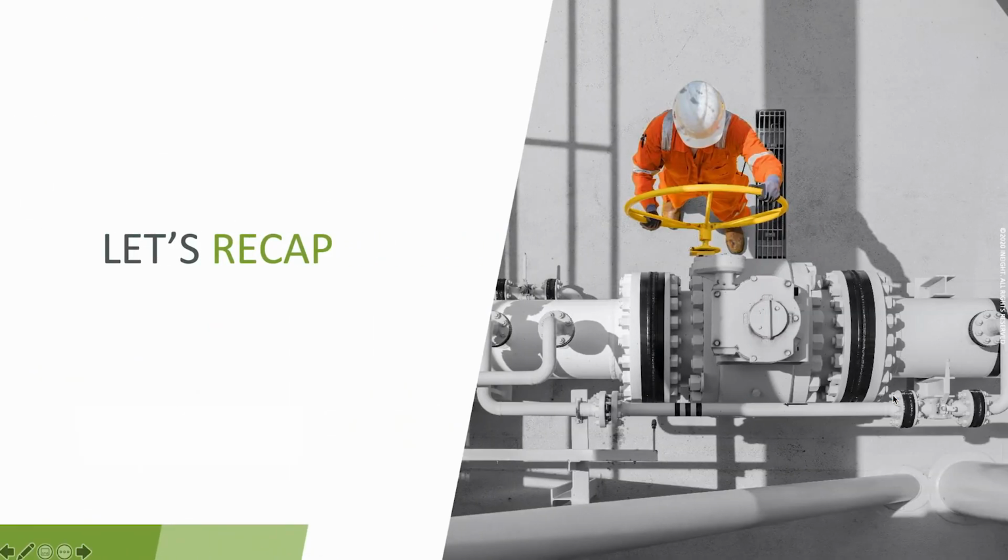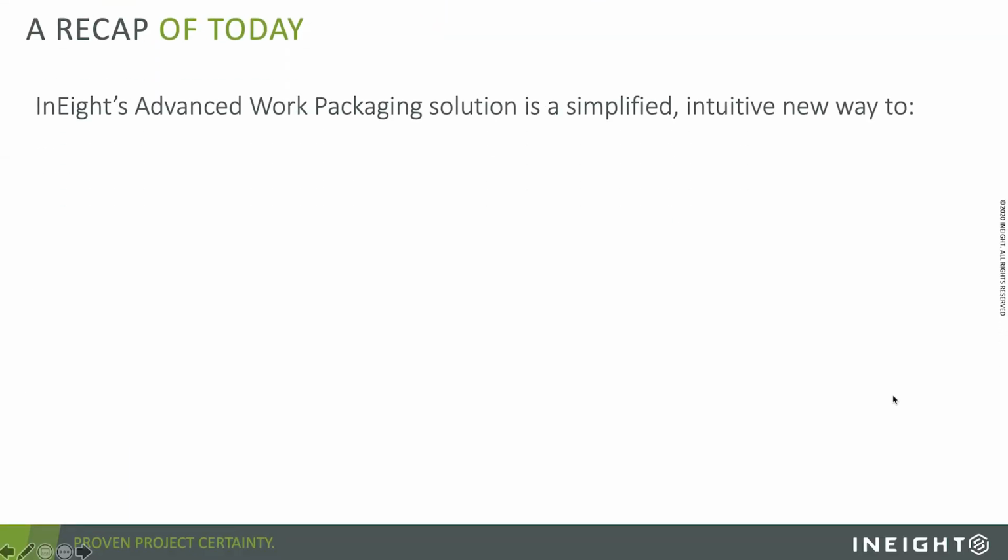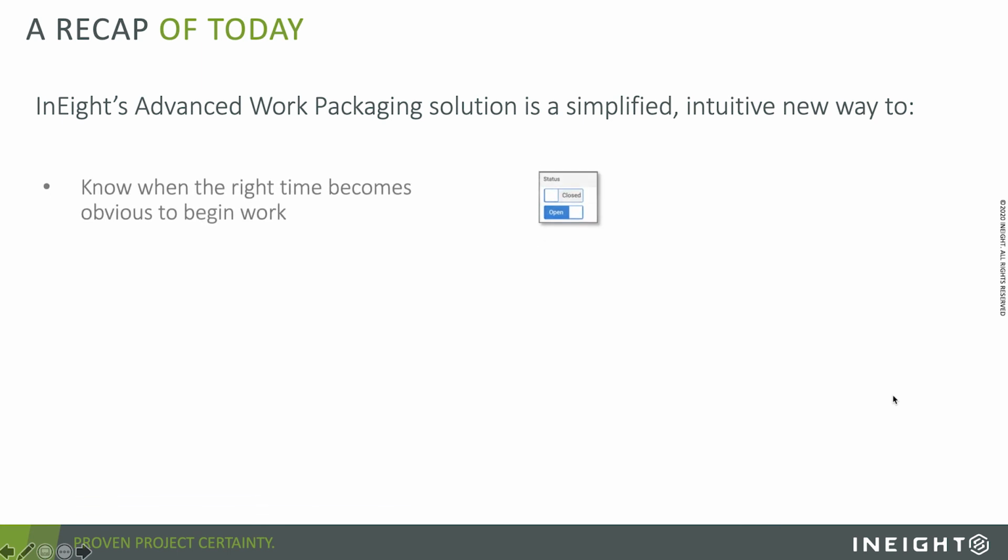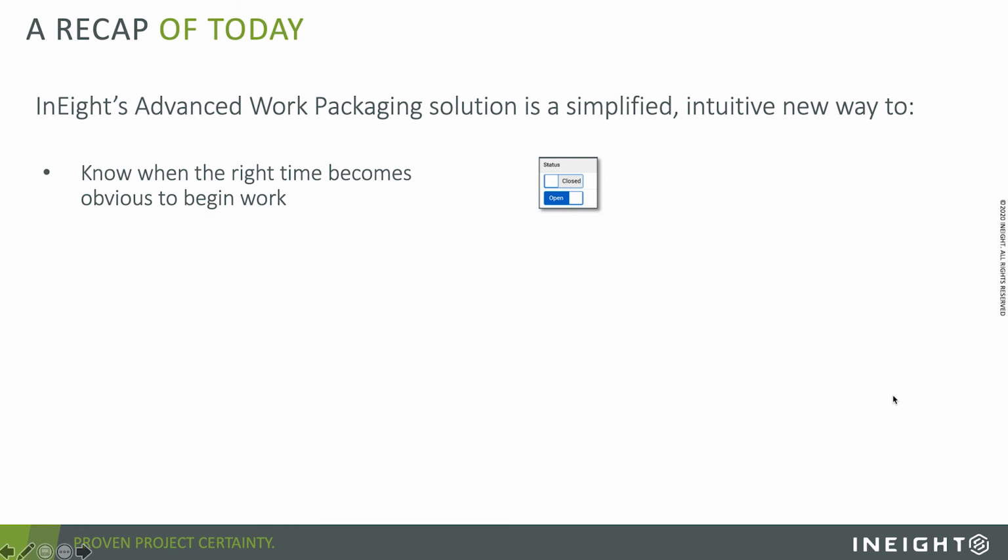So let's recap that all real quick. InEight's advanced work packaging solution is designed as a new way to simplify and intuitively help you know when it's right to start the work, when you are constraint-free and you can walk up to an operation, you can start it, and you don't have to stop until you're done.